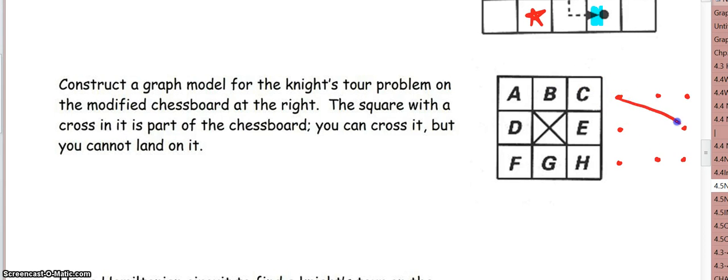So if he was at A, he could end up at E. He could also end up at G. If he's at B, he can end up at F. He could also end up at H. At C, he could end up at D. He could also end up at G. And at E, he could end up at F. And we have the other one, and at D, he could end up here. So if we take a look at this, we start at any vertex, can we move around and touch every square on the chessboard? And you find out that yes, we actually can.